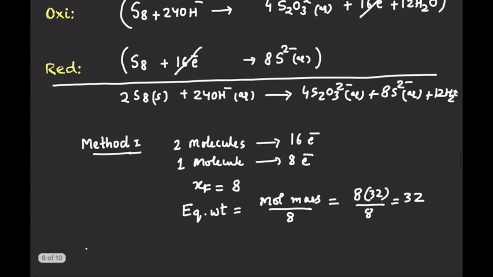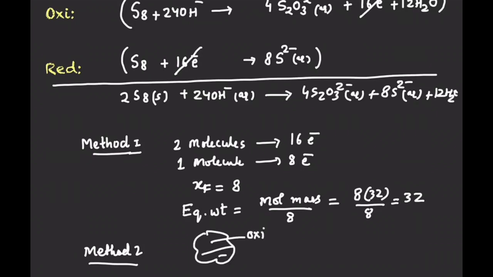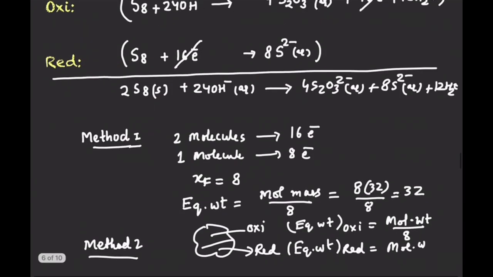We can use method 2 to again calculate the equivalent weight of sulfur. In method 2 we write the n-factor in the oxidation part and in the reduction part. In oxidation, sulfur is losing 16 electrons, so the equivalent weight of the sulfur molecule in the oxidation part is equal to molecular weight divided by 16.